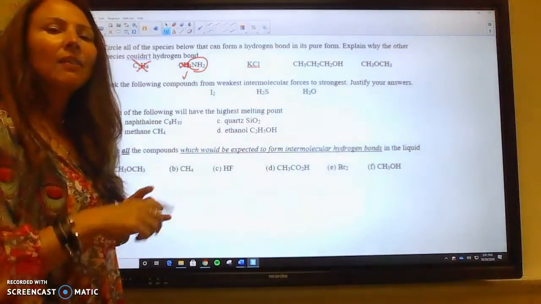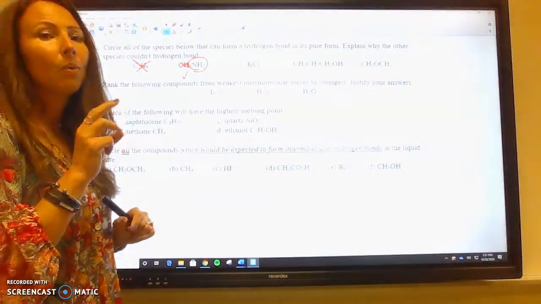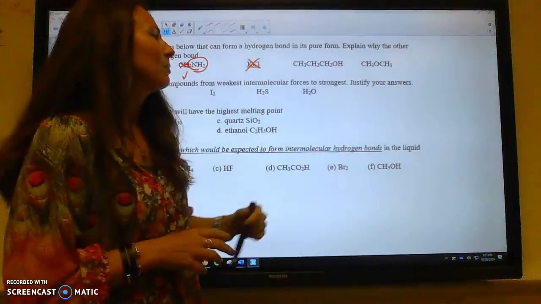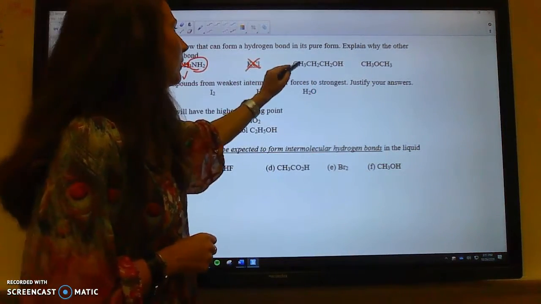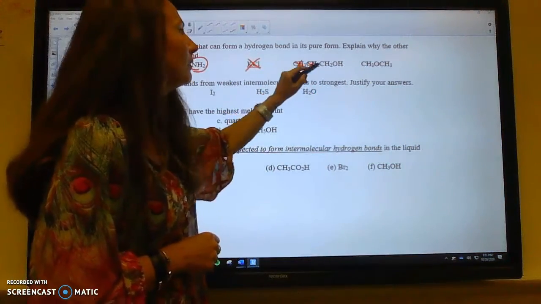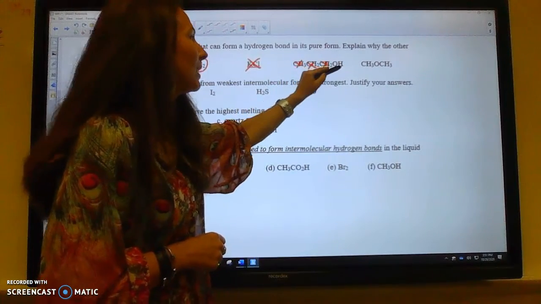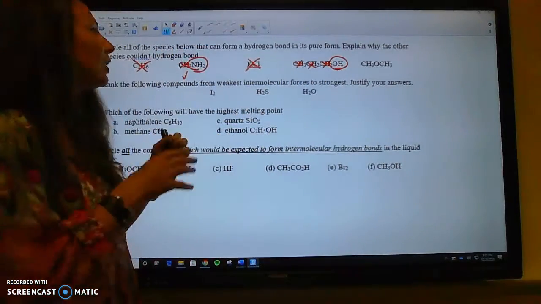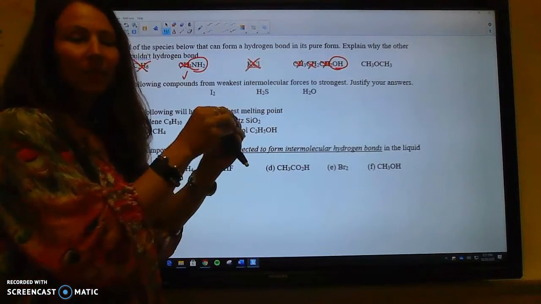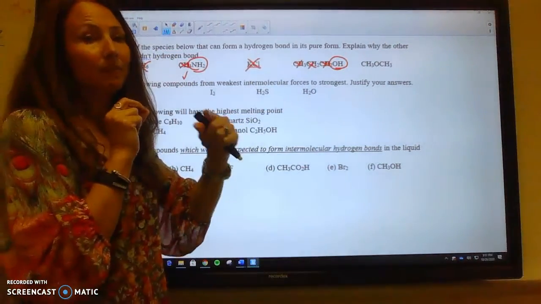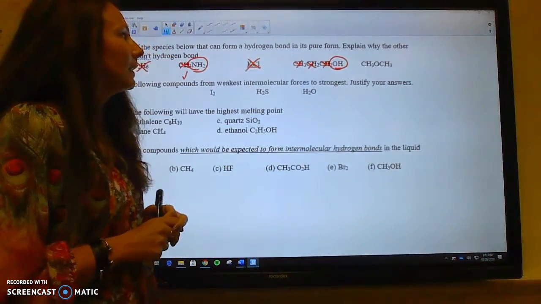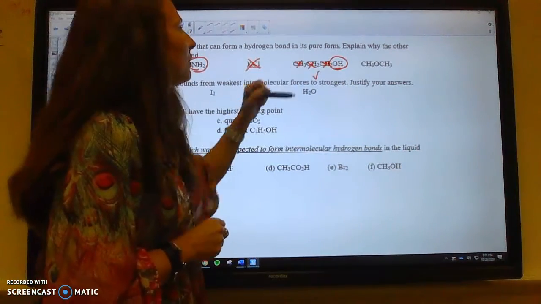No, because you don't have hydrogen bound to N, O, or F. Can this hydrogen bond? Well, not that part, not that part, not that part. But guess what? This OH, this can, and it has to say OH, not H and then an oxygen, okay? So that can. And so this one hydrogen bonds.